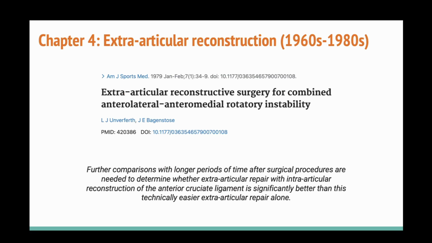So, by the end of the 70s, coming up into the 80s, the thinking was that further comparisons with longer periods of time after surgical procedures are needed to determine whether extra-articular repair with intra-articular reconstruction of the ACL is better than the technically easier extra-articular repair alone.